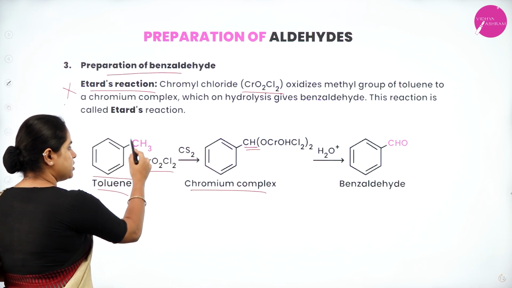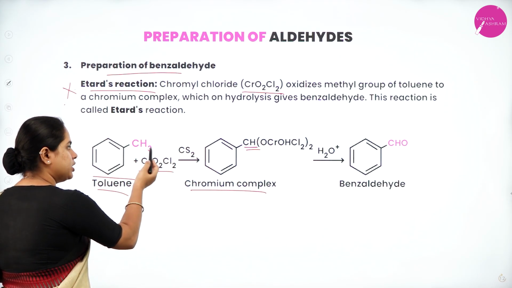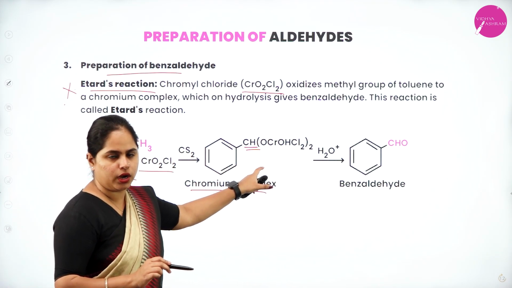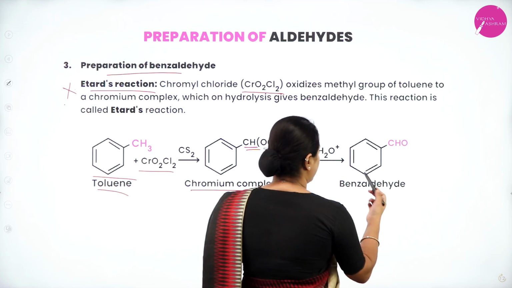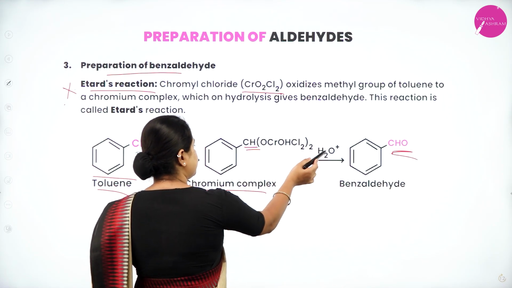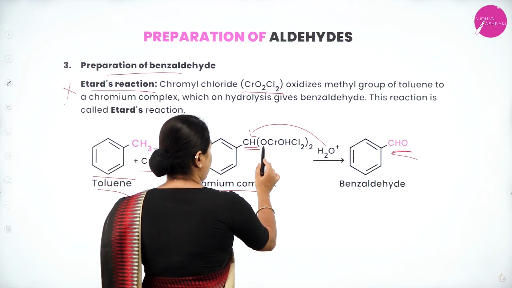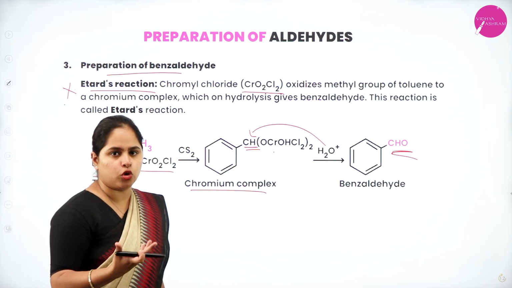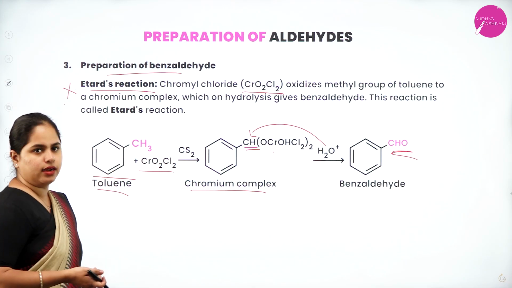That means it was CH3 here, one hydrogen atom was removed, and you are going to get the chromyl chloride part here. So now what happens? It undergoes hydrolysis and forms aldehyde. That means oxygen will be added here. That is this OCrOHCl2 means CrO2Cl2 itself, your chromyl chloride itself. Clear? So this is Etard's reaction.